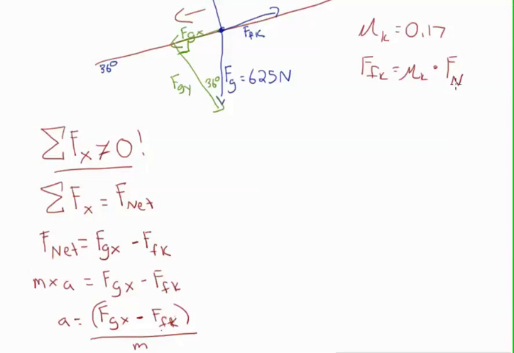We can talk about the forces in the y direction as well. Now, even though there's motion and acceleration in the x direction, in the y direction the skier is still not moving or not accelerating, right? So they're not floating up in the air or sinking into the snow. So the sum of the forces there still equals 0, which means FGY still equals our normal force that we need up here.